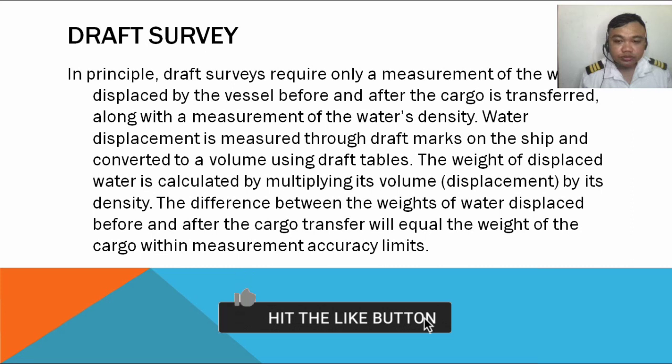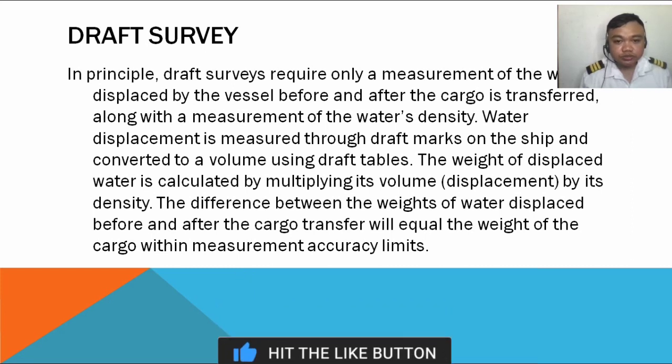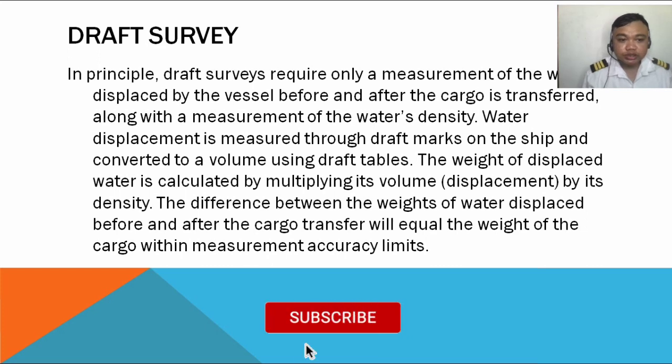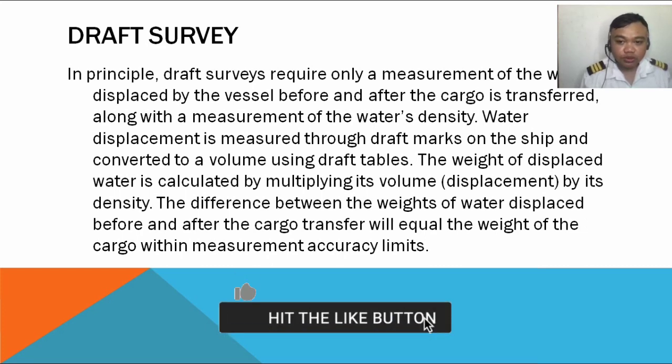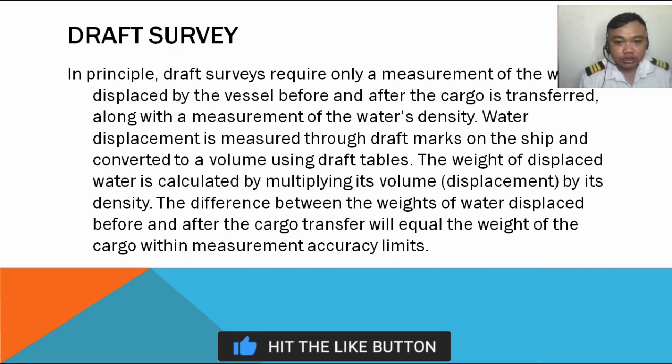Draft surveys require only a measurement of the water displaced by the vessel before and after cargo is transferred, along with a measurement of water density, because it affects the displacement. That is why we need to have a correction with regard to the density.